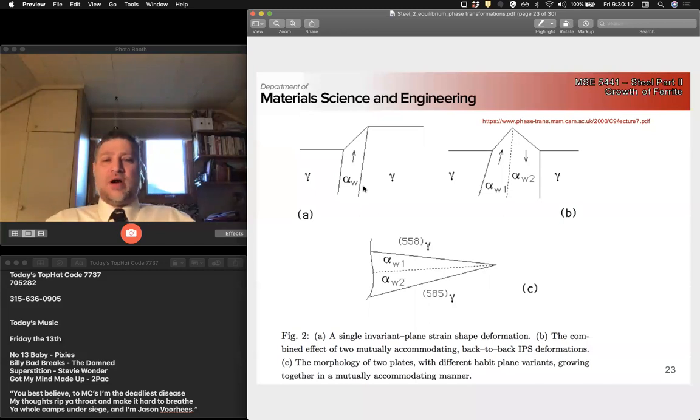And the reason I wanted to talk about this was because these Widmanstätten structures and the bainite have this dual nature where they're diffusional and shear at the same time, right?